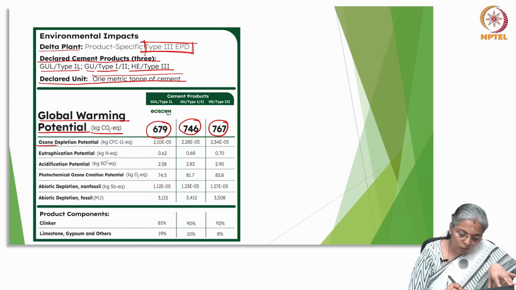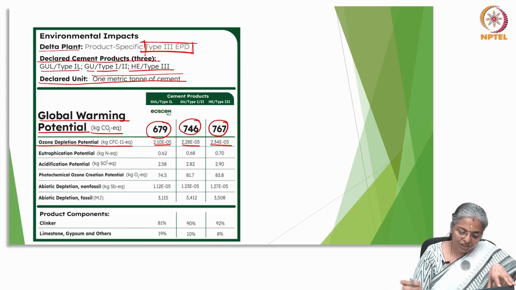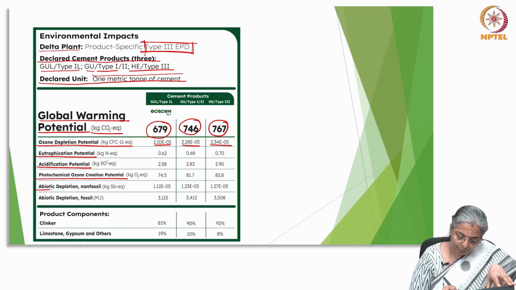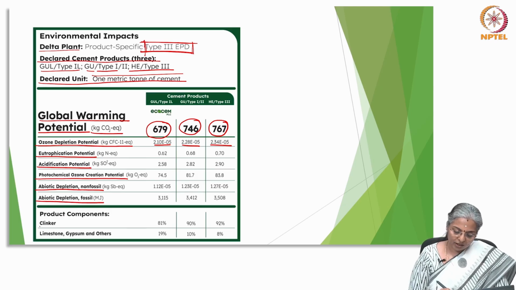What is its ozone depletion potential? So, they give the various numbers of its ozone depletion potential. They give the eutrophication potential, the acidification potential, photochemical ozone creation potential, abiotic depletion non-fossil, and abiotic depletion fossil is also given.